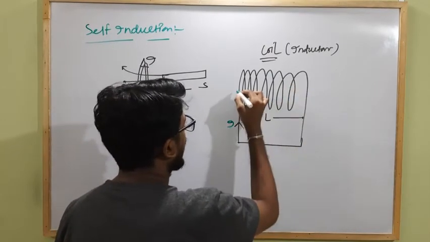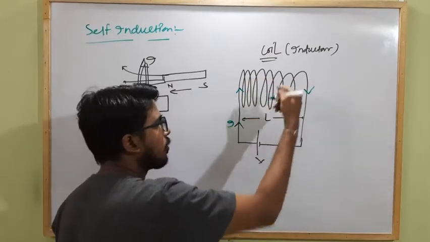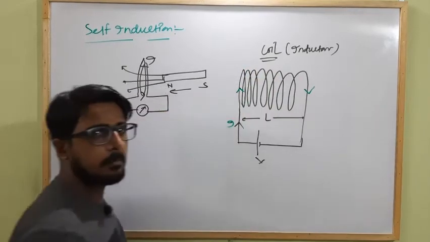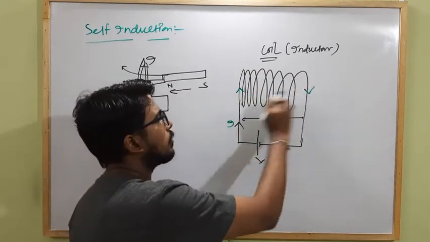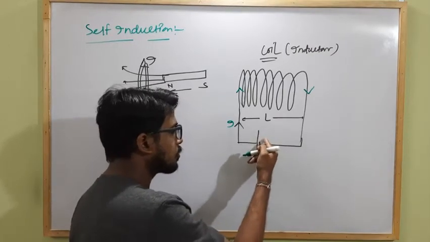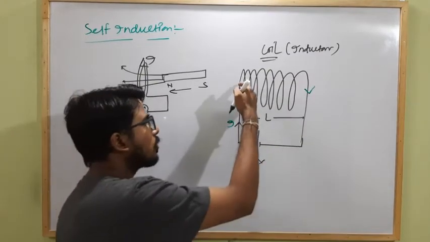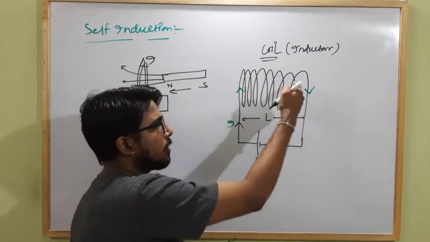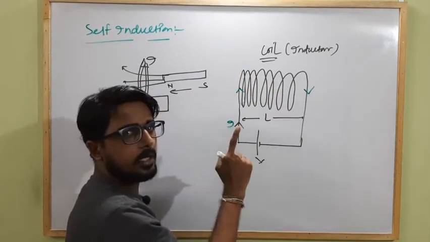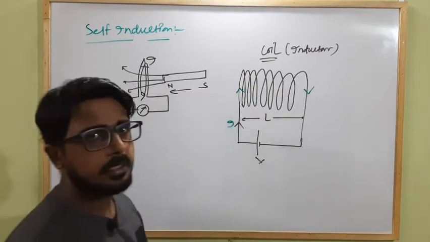Clear? So when current I starts flowing through this inductor or the large number of turns, the current linked with each turn changes. Initially there is no current linked with any turn of this inductor, but when it is connected with a source, the current starts flowing through each turn of this inductor. So as the current starts flowing through each turn of the inductor, all the turns of this inductor act as a current carrying coil, and due to the effect of current carrying coil, they produce a magnetic field.